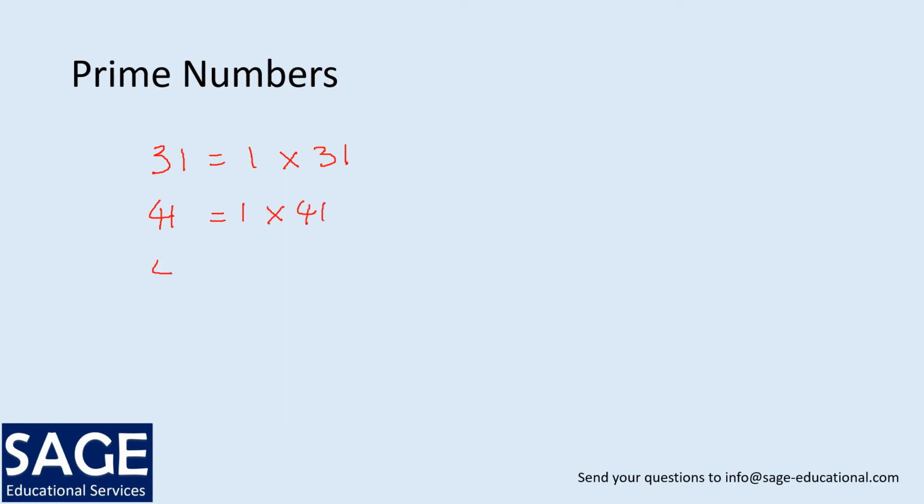The number 43 is 1 times 43. So these numbers are unique in that you cannot write them in any other way as a multiplication. So 31 has only 2 factors, 1 and 31. 41 has only 2 factors, 1 and 41. And in the same way, 43 has only 2 factors, 1 and 43.